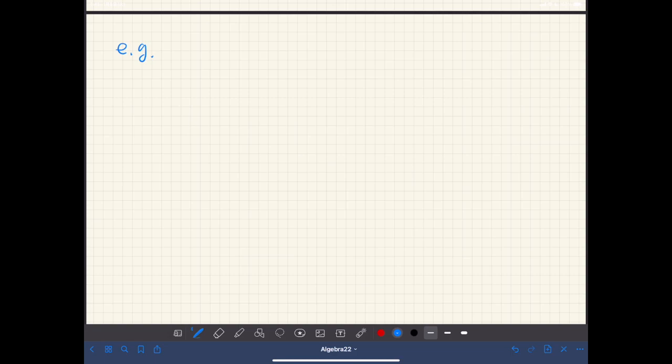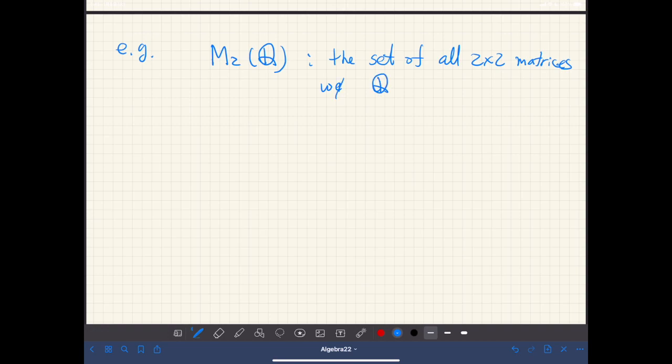Okay, the first example, this M2 of Q. This is the set of all 2 by 2 matrices with rational numbers as elements.